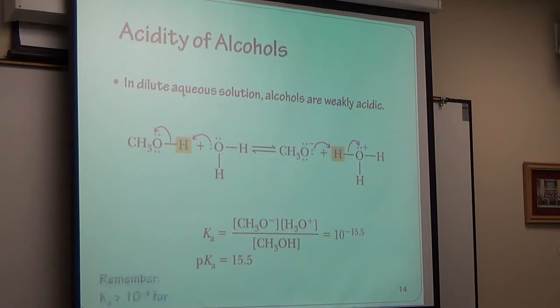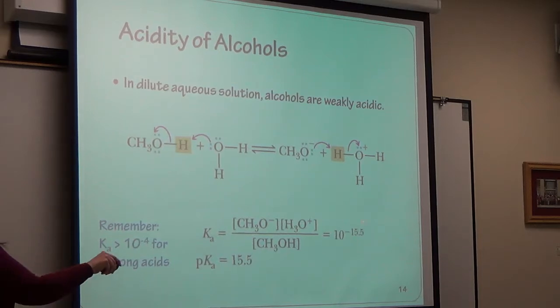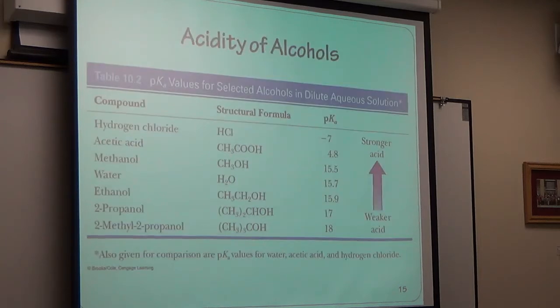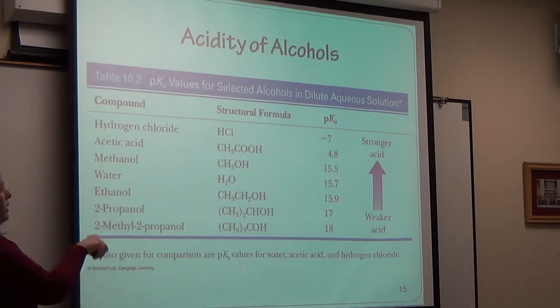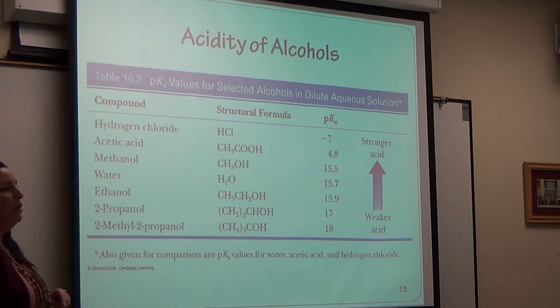So remember, a pKa would be minus 4 for a strong acid. This is 15. So that's a very weak, neutral. And then again, not for you to memorize this, and you know that I give you the pKa tables on the exam, so that should give you a guide during the test.